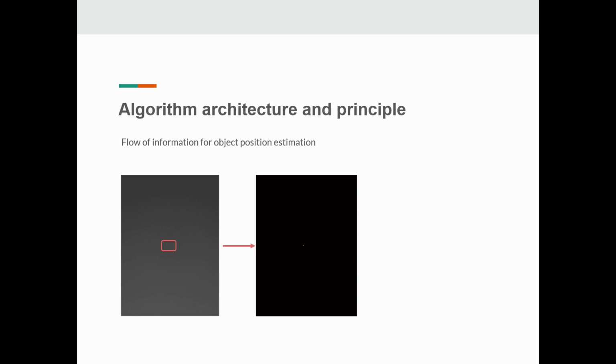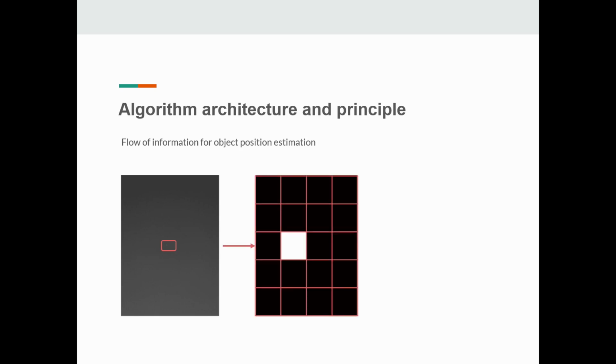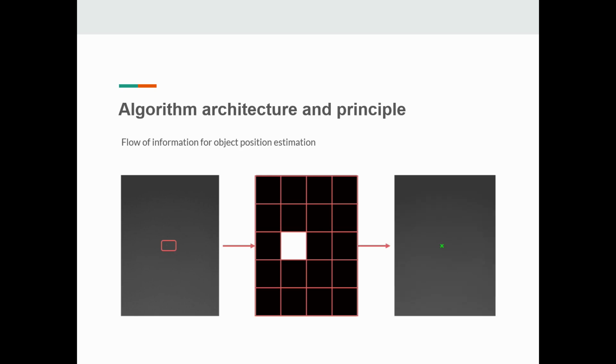We can see the edges of the object. Then we apply the binning, and now the bin which contains the object gets highlighted, and then using thresholding and contour detection, we can locate the final position of the object inside the image.